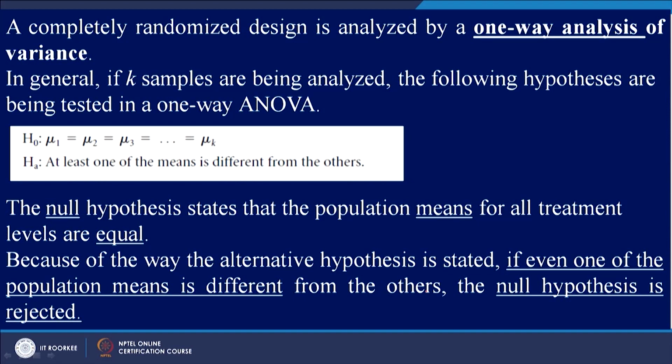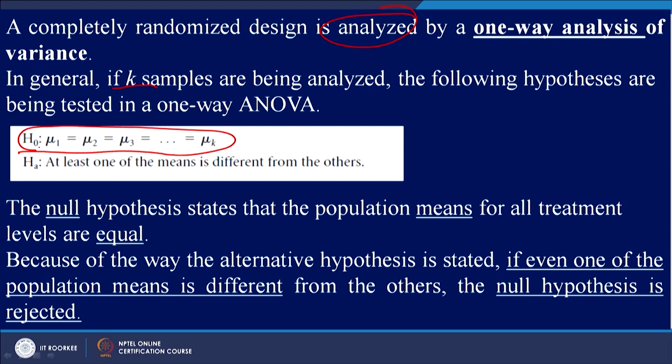A completely randomized design is analyzed by one way ANOVA, and what is this? Initially in this one way ANOVA, let us say there are k samples. You can have the following null hypothesis and alternative hypothesis. We will say that all means are equal, right.